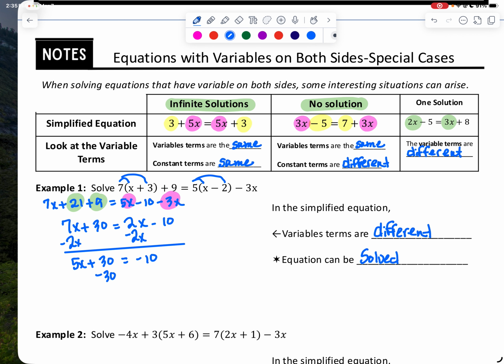Subtract the 30 to get 5x equals negative 40, and then divide by 5 to get x equals negative 8. So we found our one solution.